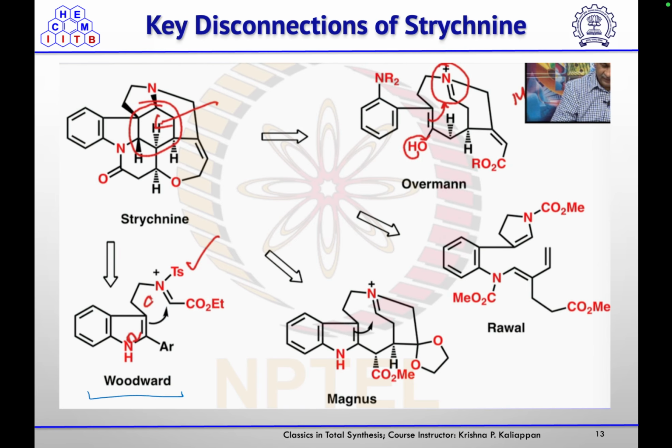So here he will use this Mannich reaction first to form the five-membered ring, and then another rearrangement, and then an oxa rearrangement, and then another Mannich reaction to complete the total synthesis.